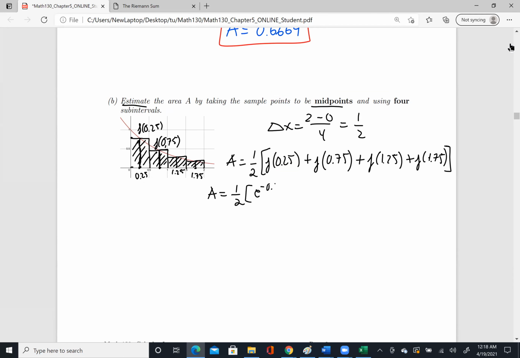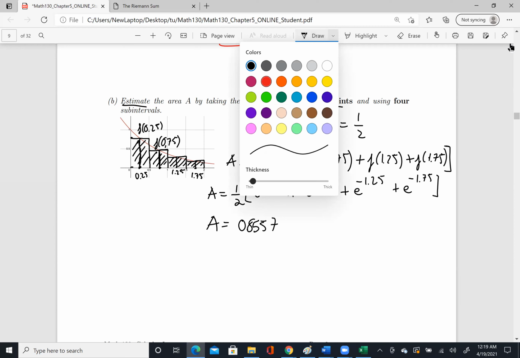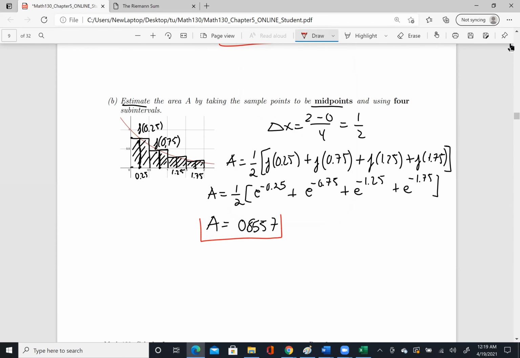So negative 0.25, plus e to the negative 0.75, plus e to the negative 1.25, plus e to the negative 1.75. And then if you use a calculator, you will get 0.8557 as the answer. So circle the final answer.